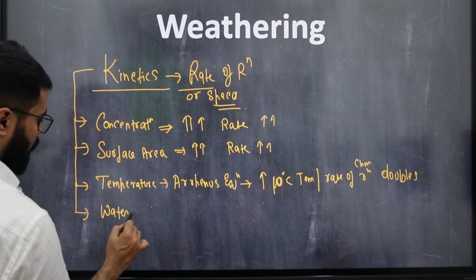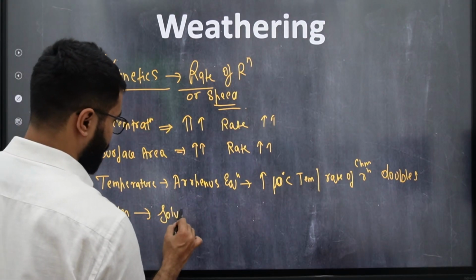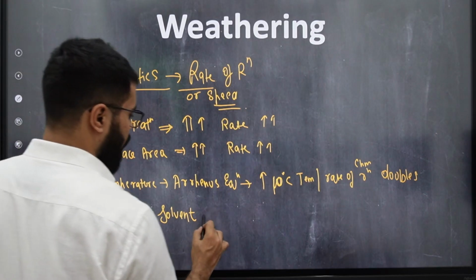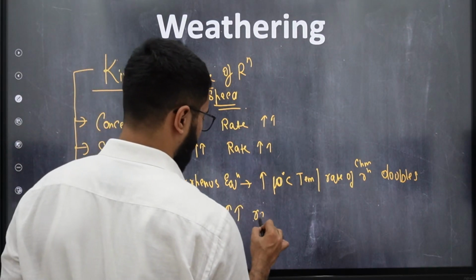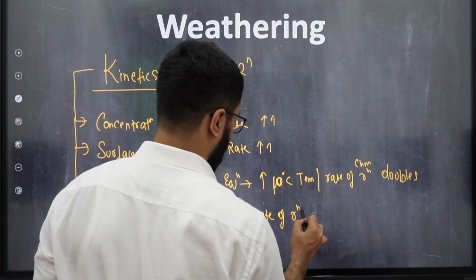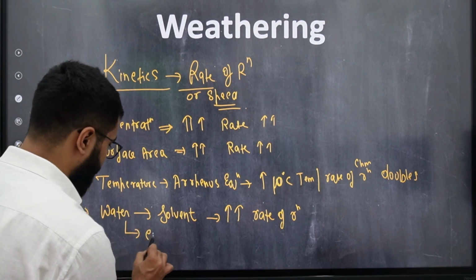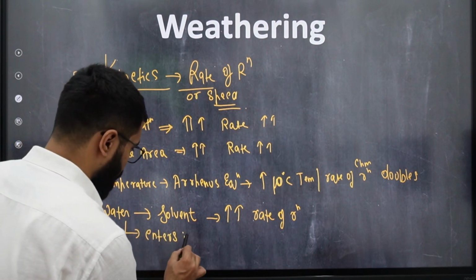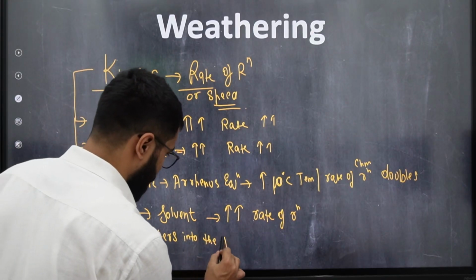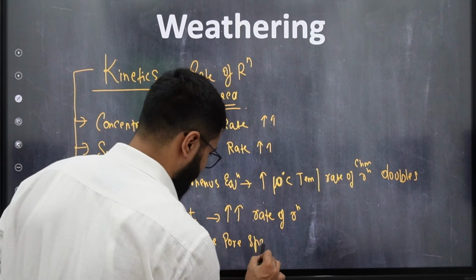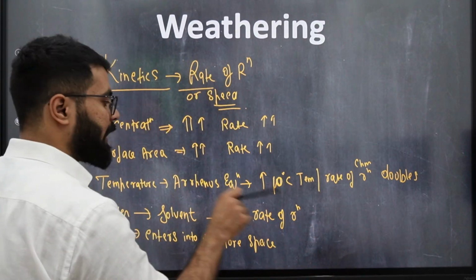Water is a great solvent. It basically dissolves and it increases the rate of reaction. So what it does is, water, first of all, enters into the pore spaces and via multiple mechanisms, it disintegrates the rock.